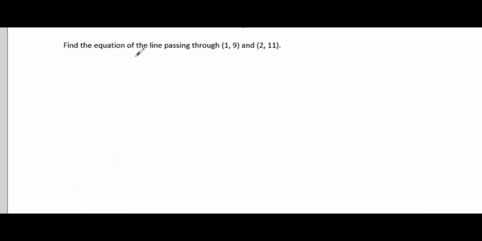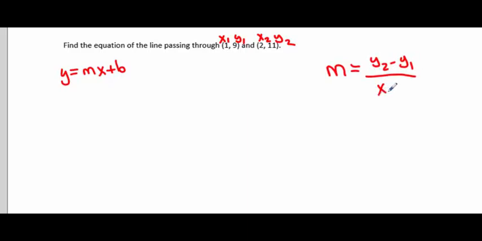Alright, looking at this example, it says to find the equation of a line passing through these 2 points. Really what's going to happen here in y equals mx plus b is I am going to need to find m and b. The first thing is m. Let's go x sub 1, y sub 1, x sub 2, y sub 2. We know that formula, y sub 2 minus y sub 1 divided by x sub 2 minus x sub 1.